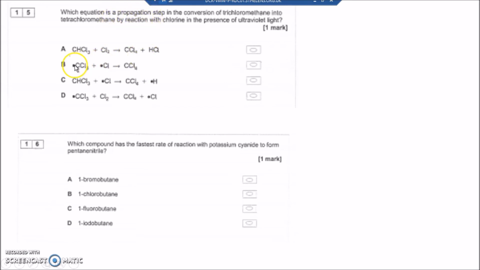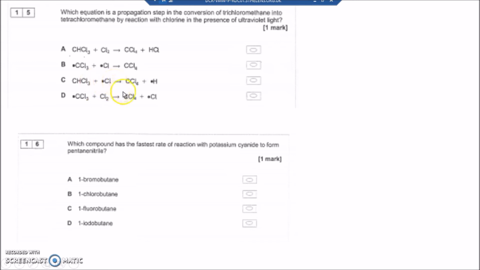A termination step is where 2 free radicals come together, 2 dots, to make something without dots. So that's a termination step, B. 2 radicals coming together and joining together and forming something with covalent bonds without dots, with no unpaired electrons. They're all involved in covalent bonds, shared pairs. So it's not A and it's not B. So we're between C and D.